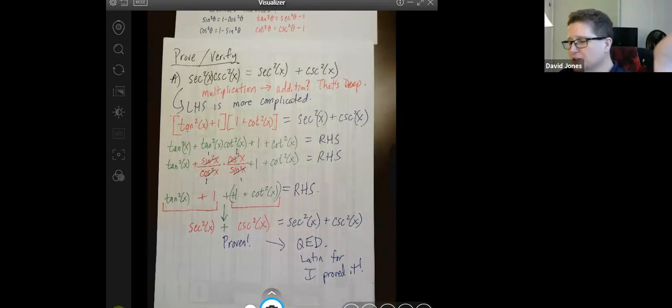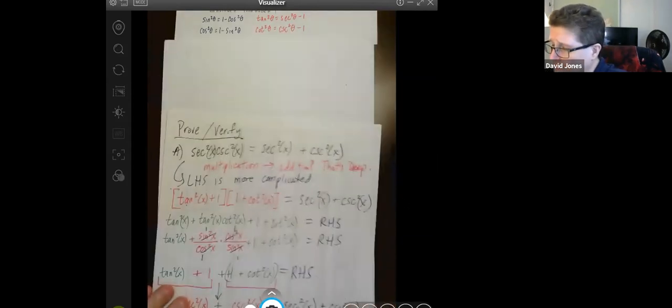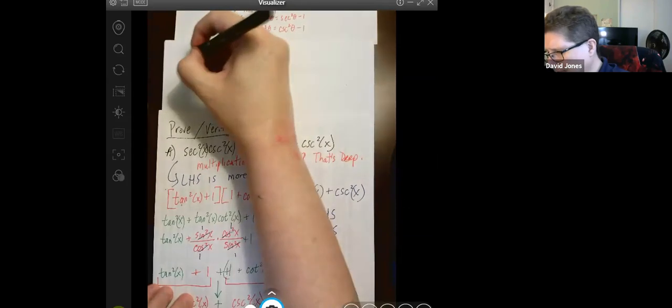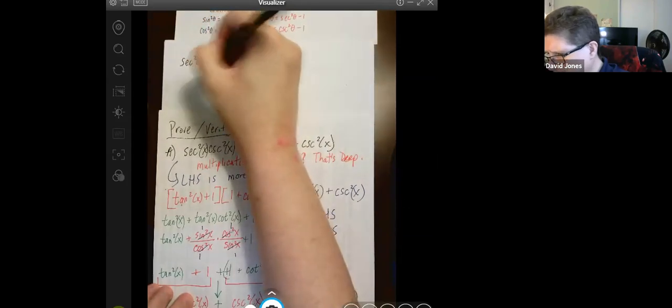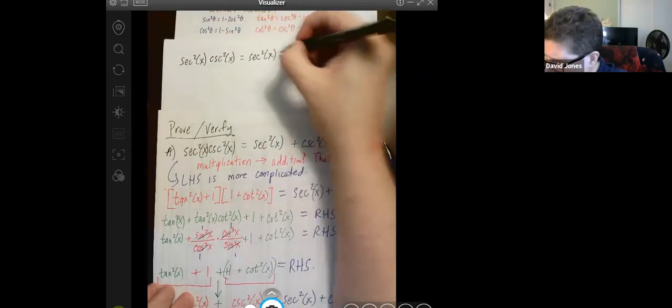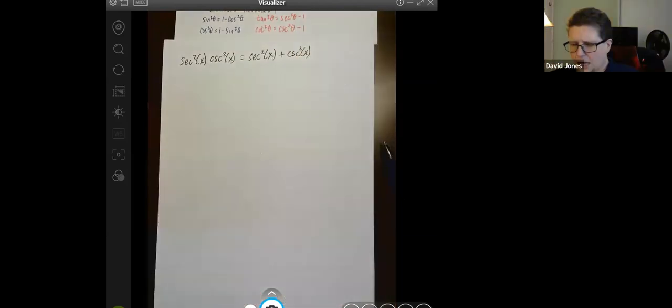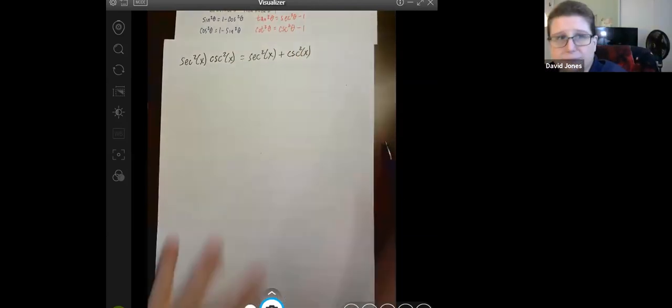Do we have to use the left-hand side? No, we don't. Let's do the same proof using the right-hand side. So I'm going to rewrite this down, and now I'm going to work the right-hand side.